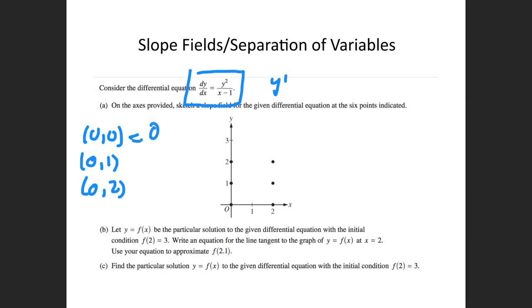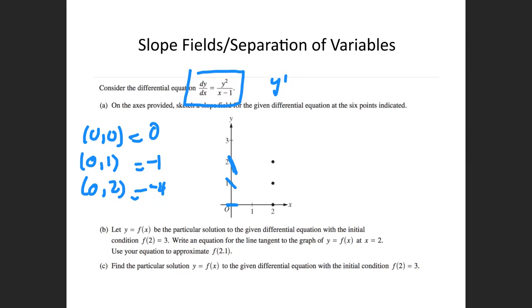If I put 0, 1 in here, that gives me -1 on the bottom, 1 on top, so that's -1. If I put 0, 2, that gives me -1 on the bottom, 4 on top, so that would be -4. So if I did my slope field, it would be 0 here, -1 here, -4 here. -4 would be going way down fast. If you see a slope field problem, that's probably one of the easiest points you're going to get.